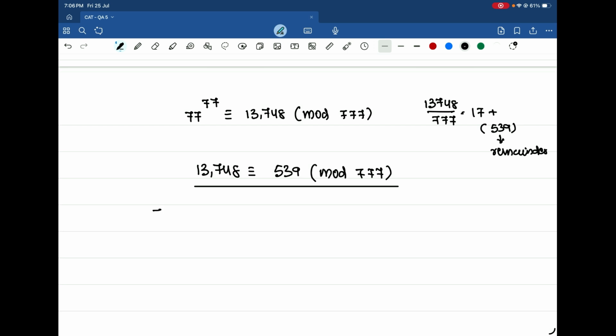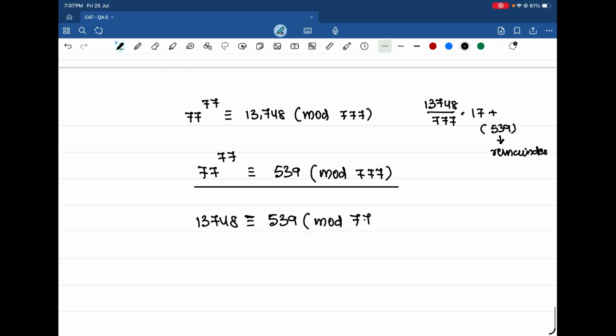Because this can also be written as we have started, 13,748 is equivalent to 539 mod 777.